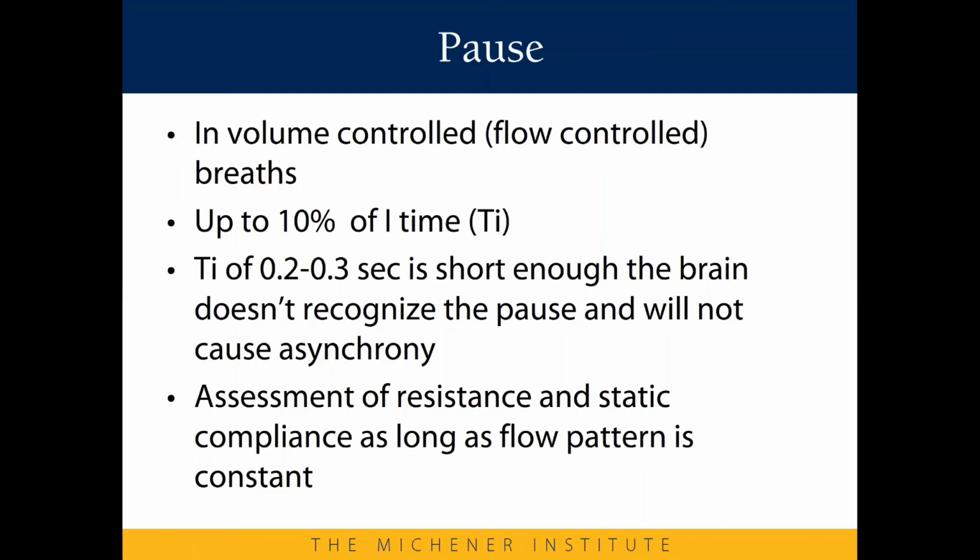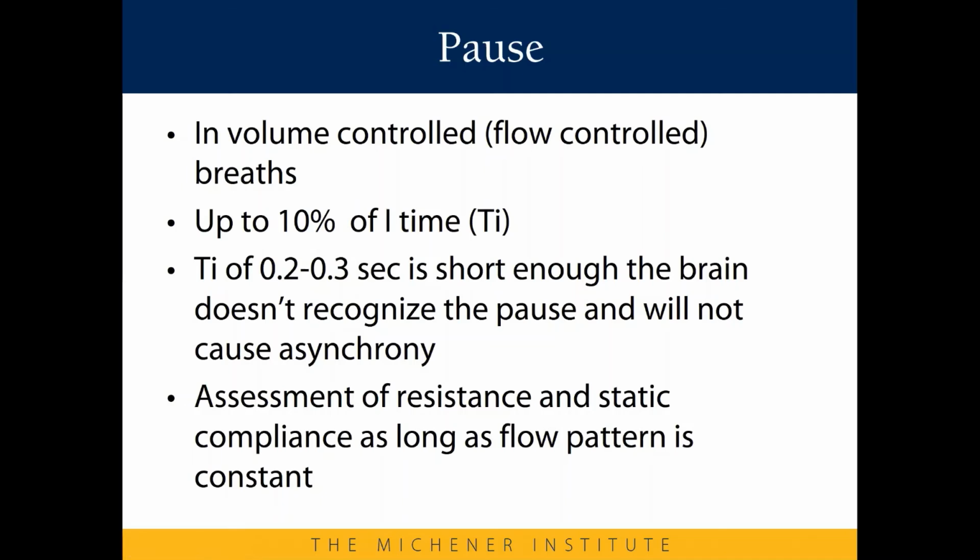So again, 0.2 to 0.3 is short enough that the brain doesn't recognize the pause and will not cause asynchrony. And so it allows you to even leave this pause on every single breath and allow you to assess resistance and static compliance breath to breath, so long as you choose a constant flow pattern, so a square waveform.